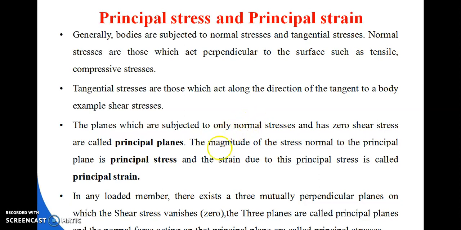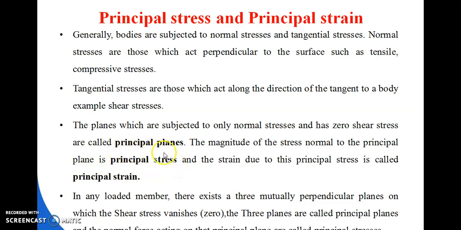Then that plane on which only tensile and compressive types of stresses are acting is known as the principal plane.